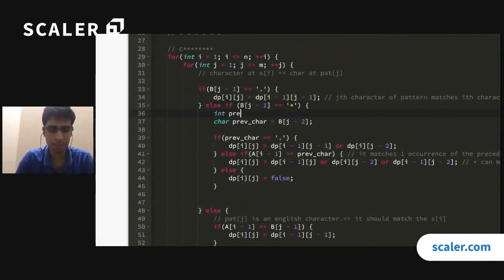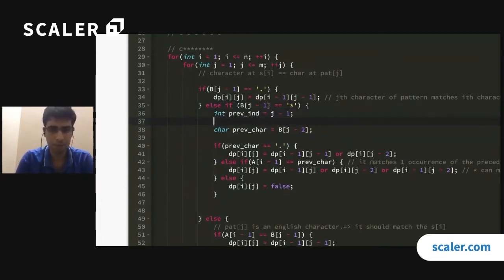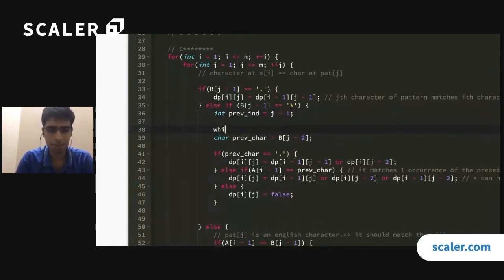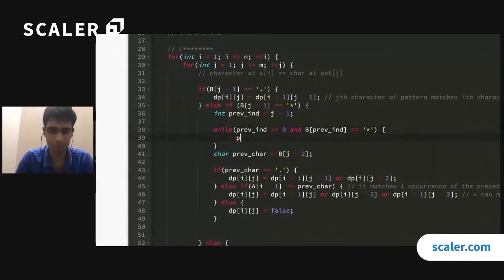And previous index is equal to, say, j minus 1, while previous index is greater than or equal to 0 and pattern[previous index] is equal to star, I will try to decrement previous index. So now my previous character will be nothing but b[previous index]. Now if the previous character is a full stop, the problem reduces to either I will match it.